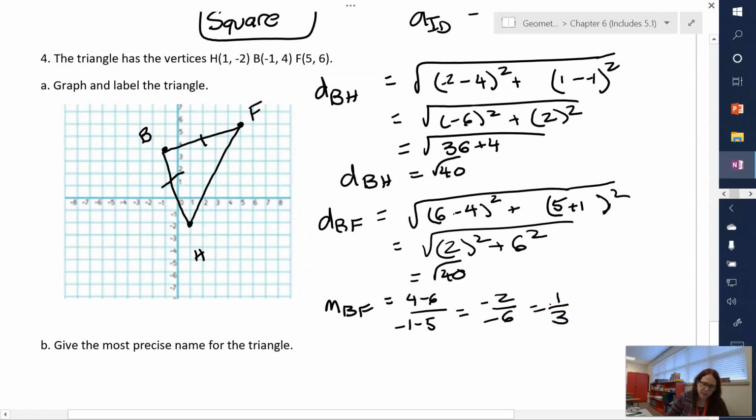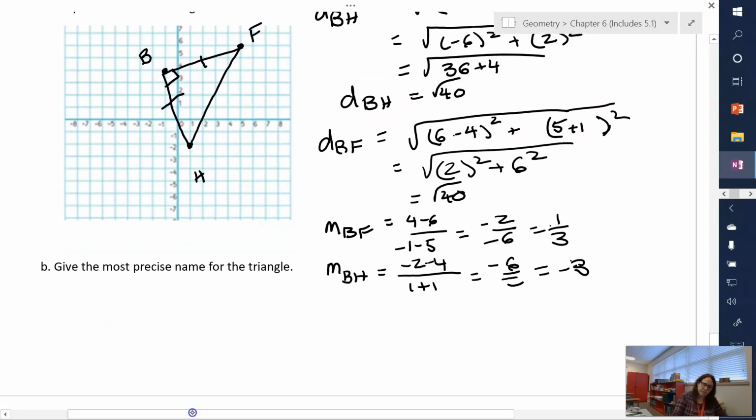And then the slope of BH is negative 2 minus 4 over 1 minus a negative 1, which is the same thing as 1 plus 1. So I get a negative 6 over 2. I get a negative 3. Lo and behold, we have a right angle in there. So this is an isosceles right triangle.